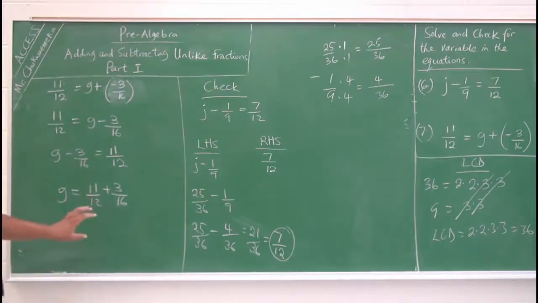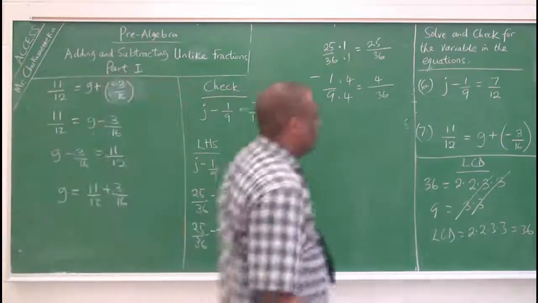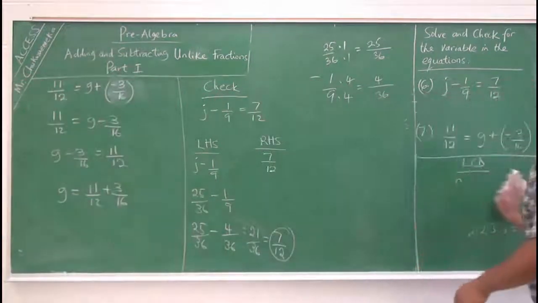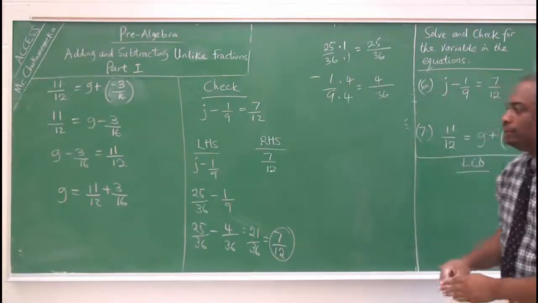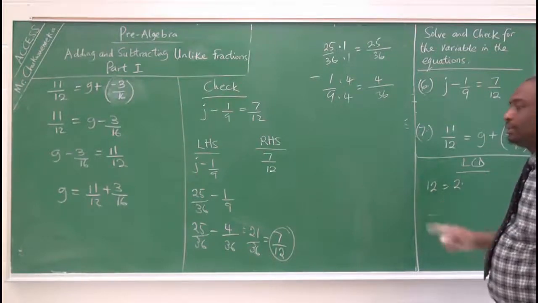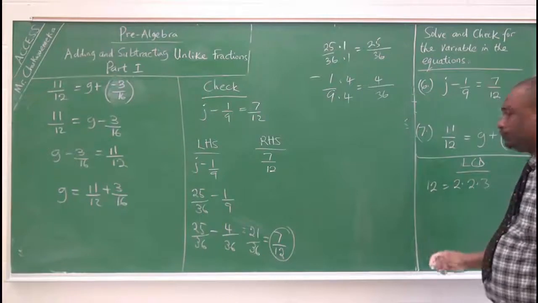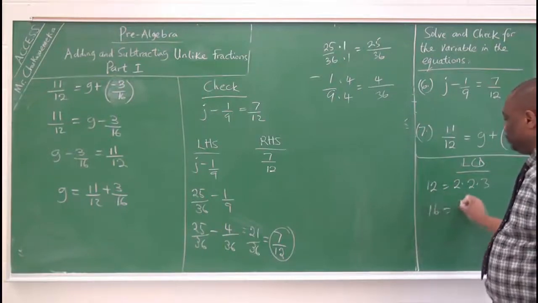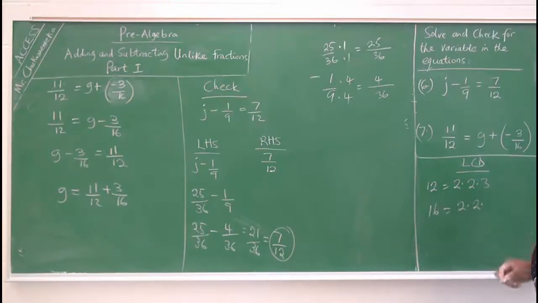Now, let's find the LCD of 12 and 16. What will be the LCD of 12 and 16? 12 will be 2 times 6, then 6 is 2 times 3. 16 will be 2 times 8. 8 will be 2 times 4. 4 will be 2 times 2.